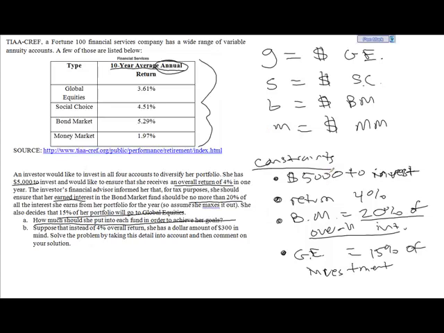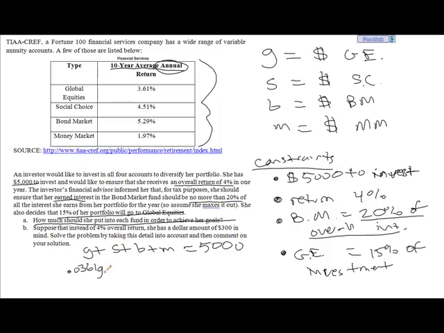So now we're going to quantify these. We know that the dollars combined in all of these, G plus S plus B plus M, has to add up to 5,000, and we also know that the return has to be 4%. Well, that's the sum of all the returns that we have here. So global equities is going to earn 3.61%.